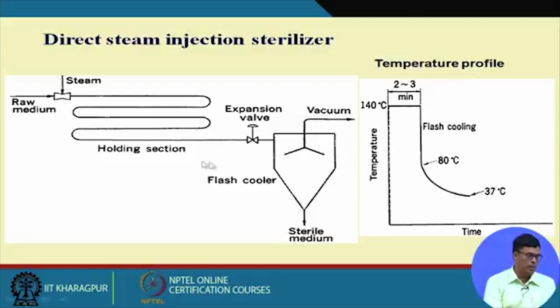Another most important thing is that when you mix the steam with the raw media, the steam undergoes condensation in the pipeline, and since condensation of the steam occurs, the viscosity and density of the liquid will change.